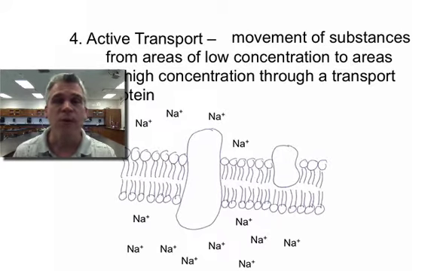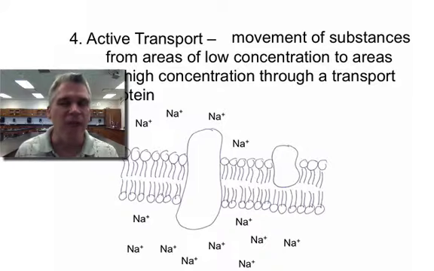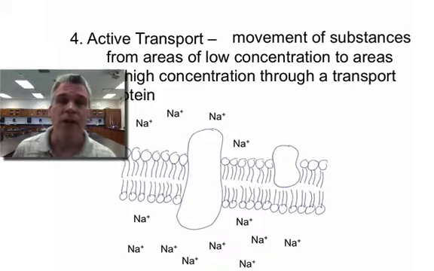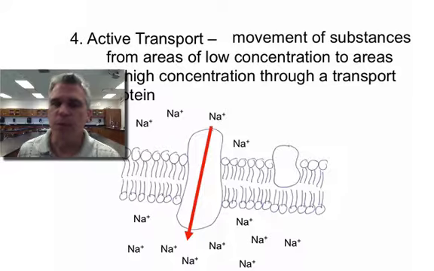Moving sodium in and out of the cells is a vital function for living organisms, and we'll talk about why some other time. Here we see a difference where there's a lower concentration outside the cell than inside the cell, and oftentimes we may need to move those sodium ions from that low concentration outside to where it's greater on the inside. And so by active transport, we're able to do that.